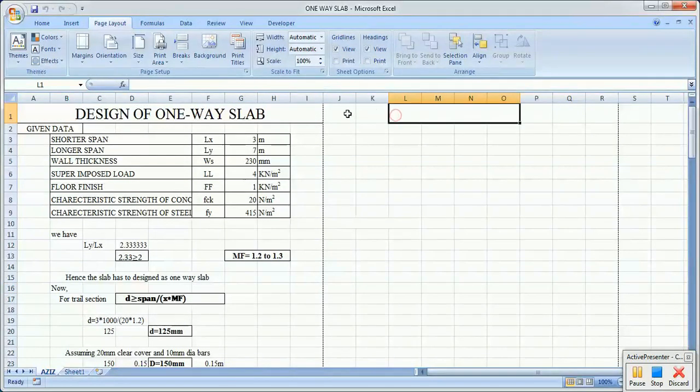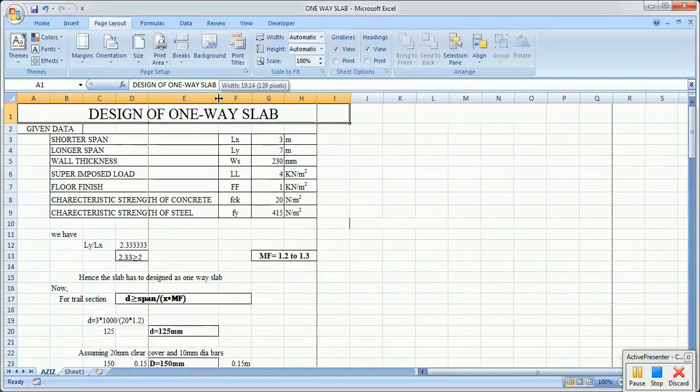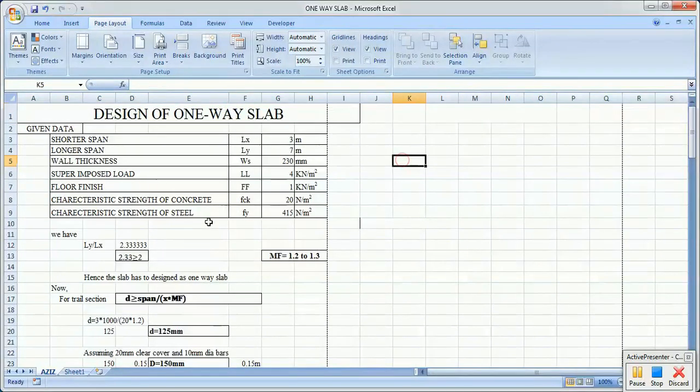You can write it and merge and center that. These are the given data, which you have to type again in separate cells. It is given the shorter span, the longer span, and the wall thickness; the slab is resting on a wall thickness of 230 mm.